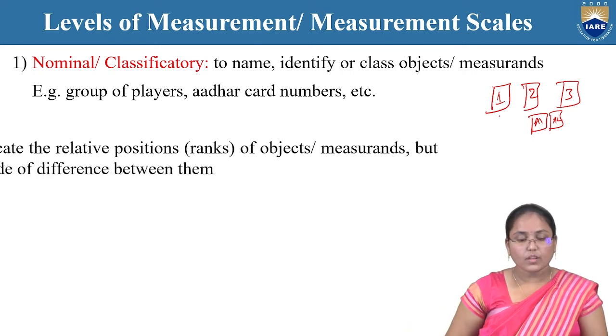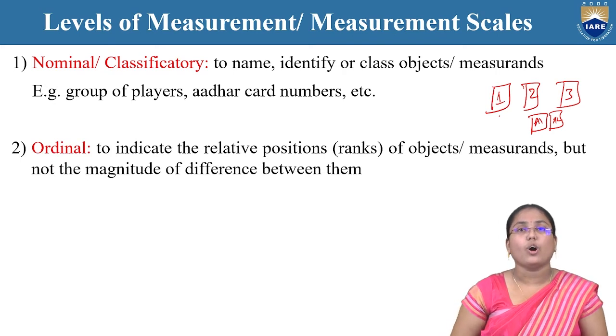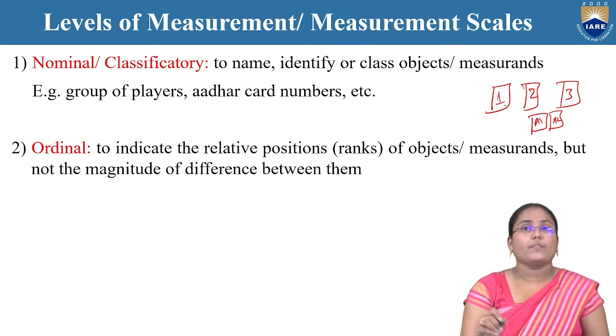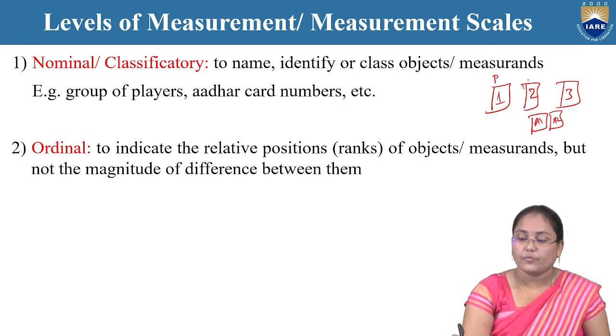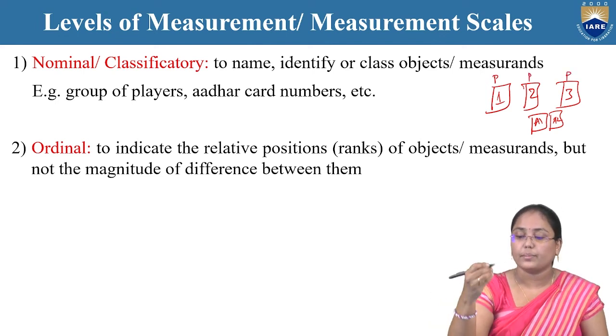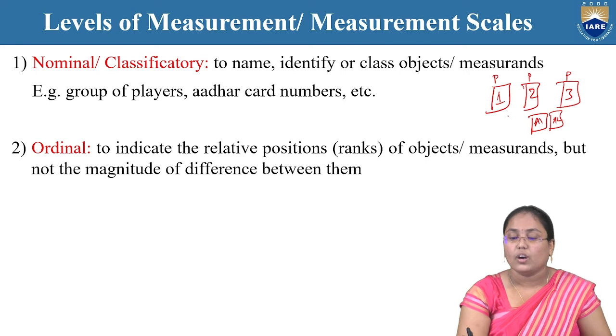The next one is the ordinal type of measurement process. That is to indicate the relative positions, ranks of objects or measurements, but not the magnitude of difference between them. Previously I gave the example of player 1, player 2, player 3, right? Now say this is a running or athletic competition.